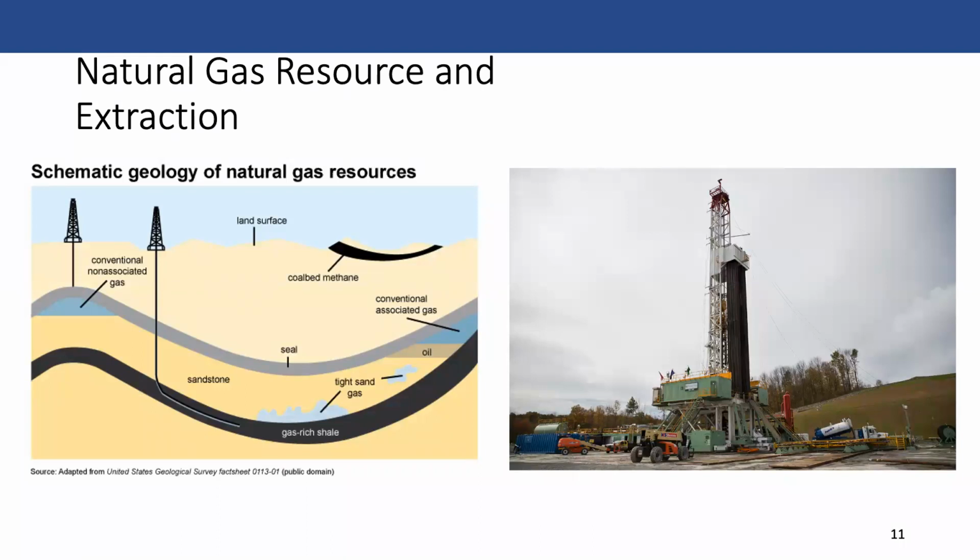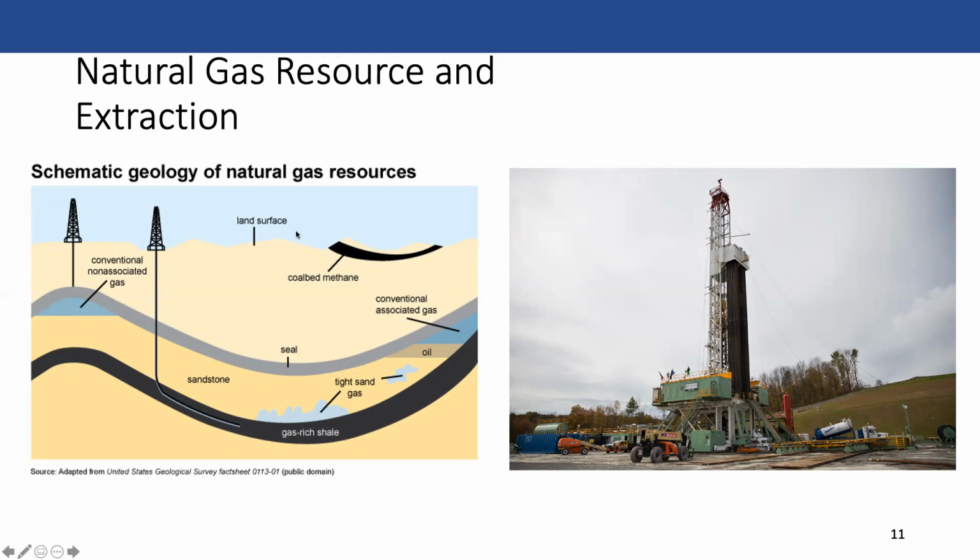For natural gas resources and extraction, this is a picture of a drill that will extract natural gas. They go into a conventional pocket of gas that's often mixed in with some liquid like water, and you extract that, purify the natural gas, and then ship it away.